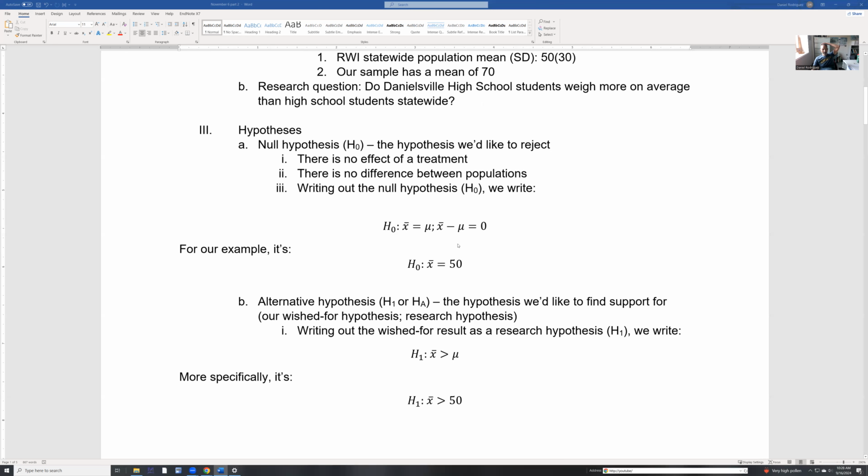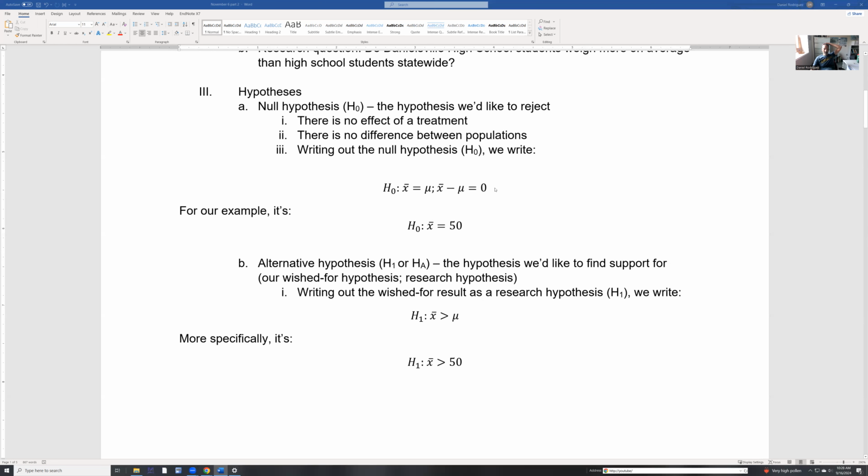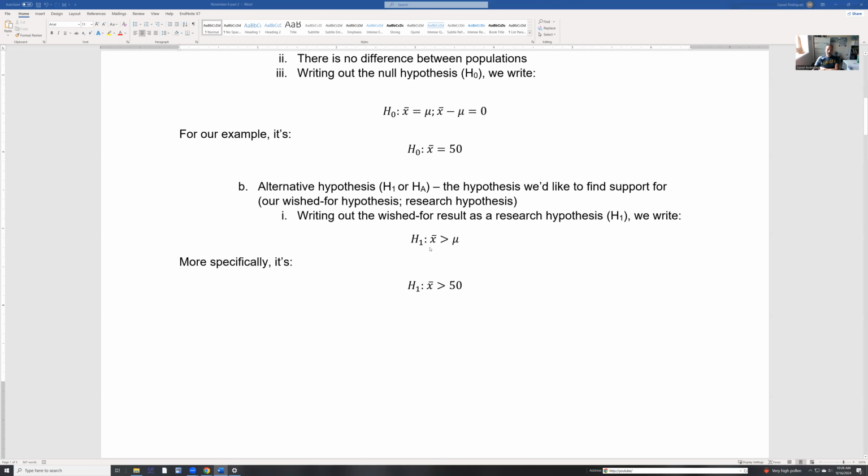We already have a sample mean of 70, so clearly 70 is larger than 50, but we're not interested in just if it's different, but if we were to look at all possible samples from this population statewide, is our sample far enough from the population mean for us to say that it's truly, truly different. It constitutes a different population of individuals, and that's what we're really looking to do. So my alternative hypothesis is that the sample mean is greater than the population mean.